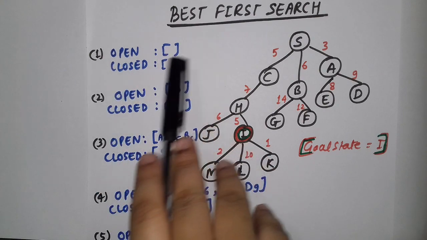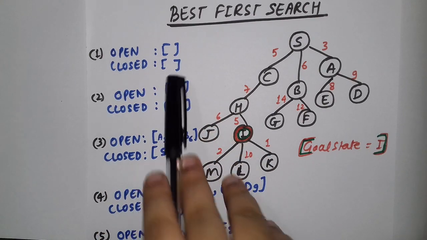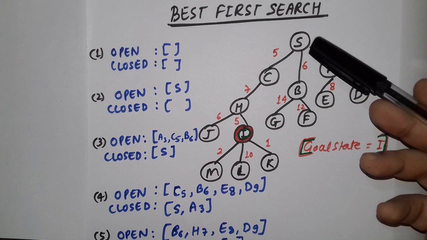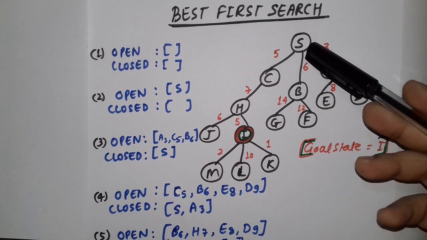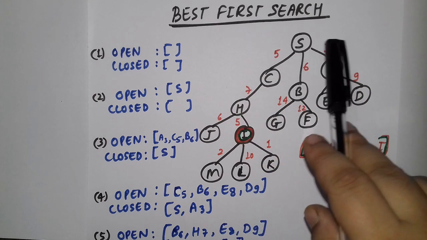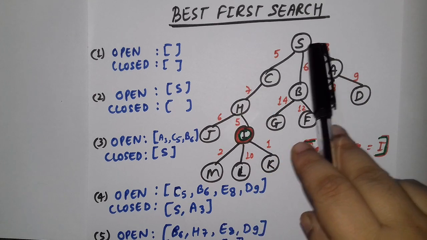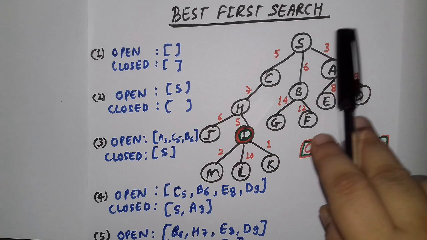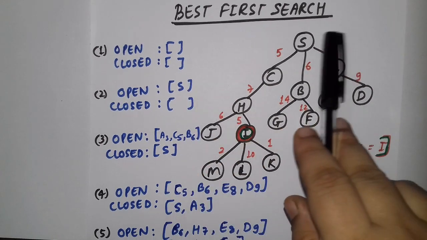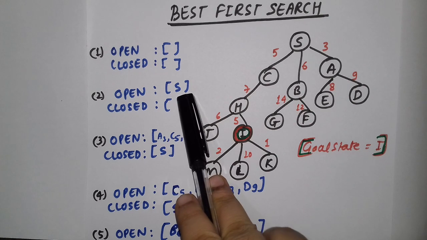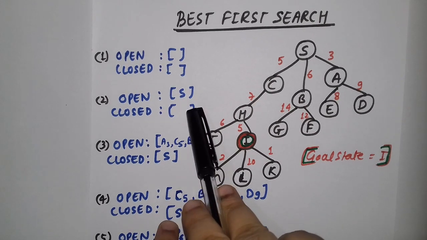In the first step, both the lists open and closed are empty. Now S is the starting node. It could be any other alphabet or number, it doesn't matter, but here S is the starting node. So first of all, we put the starting node in the open list.